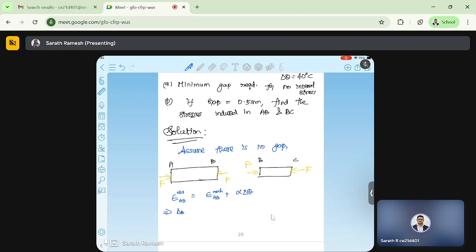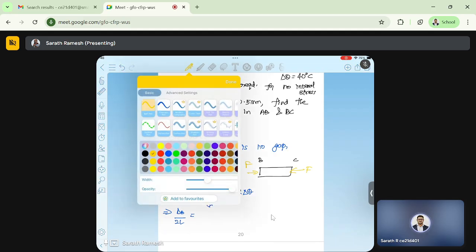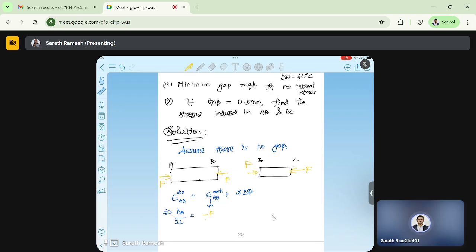So delta B by 2L is equal to the mechanical strain in AB, which is nothing but F by A. Correct. Minus F by A.